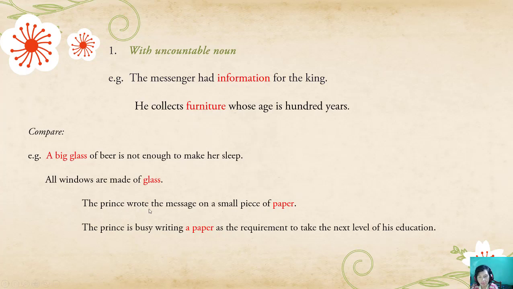The prince wrote the message on a small piece of paper. The prince is busy writing a paper as the requirement to take the next level of his education. So paper here is the same as this without or zero articles because this is a matter. But the prince is busy writing a paper. A paper here is the same as an essay.